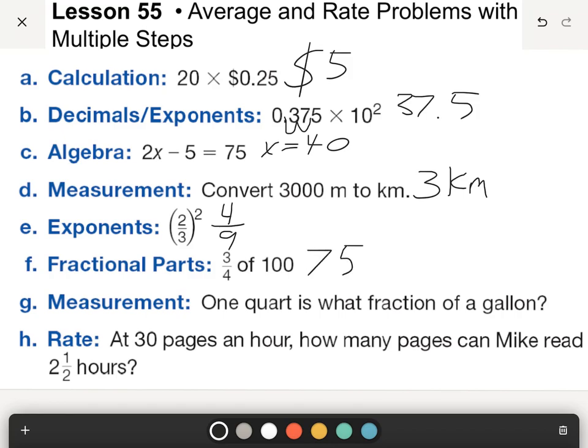Letter F, I think, could be in like third grade. Oh yeah, totally. And G. 1 quart. What does that sound like? Sounds like a quarter. 1 quarter, which is the same as 1/4. Third grade mental math again.